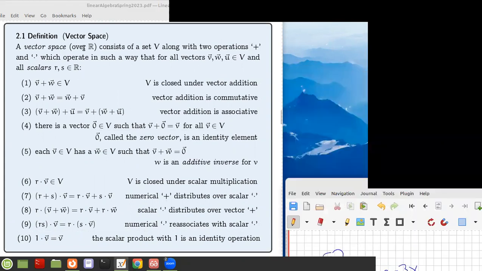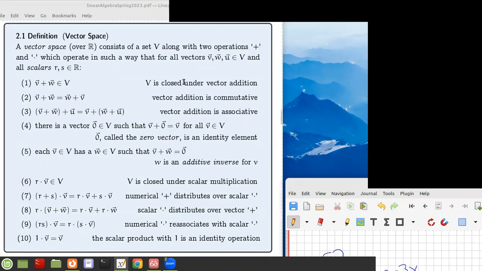So a vector space over the real numbers consists of a set V, along with 2 operations, a plus and a dot, which operate in such a way that for all vectors in the space and all real numbers, if I add 2 vectors according to this sum, it's still in the same space.